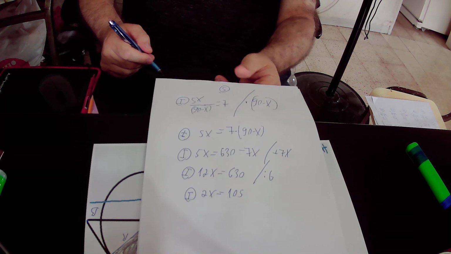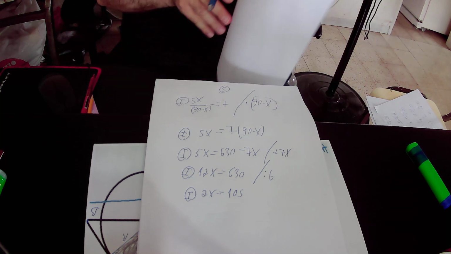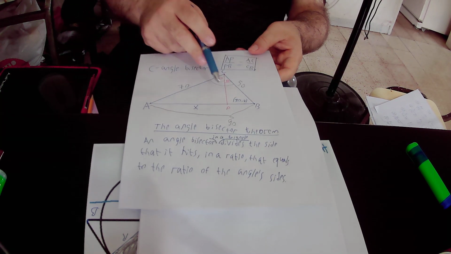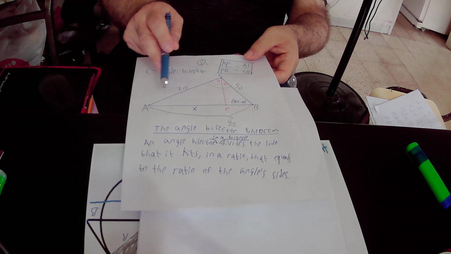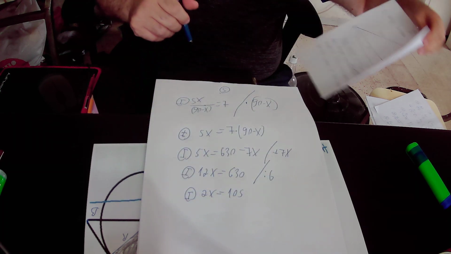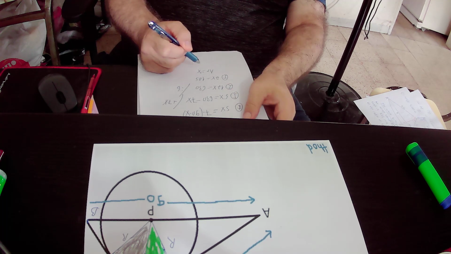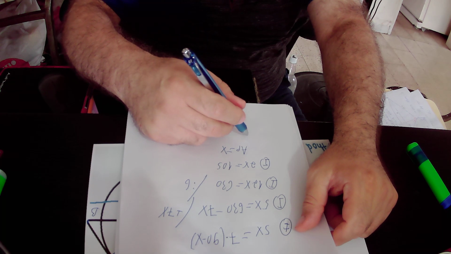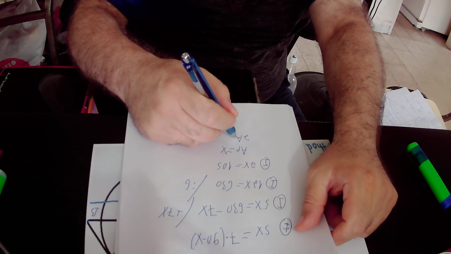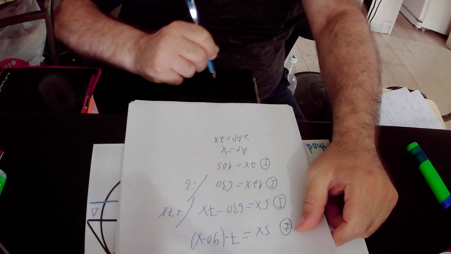But we also know that x, we defined x, AP equals x, yes? So we can write here that AP equals x, and if AP equals x, 2 times AP equals 2x, okay?